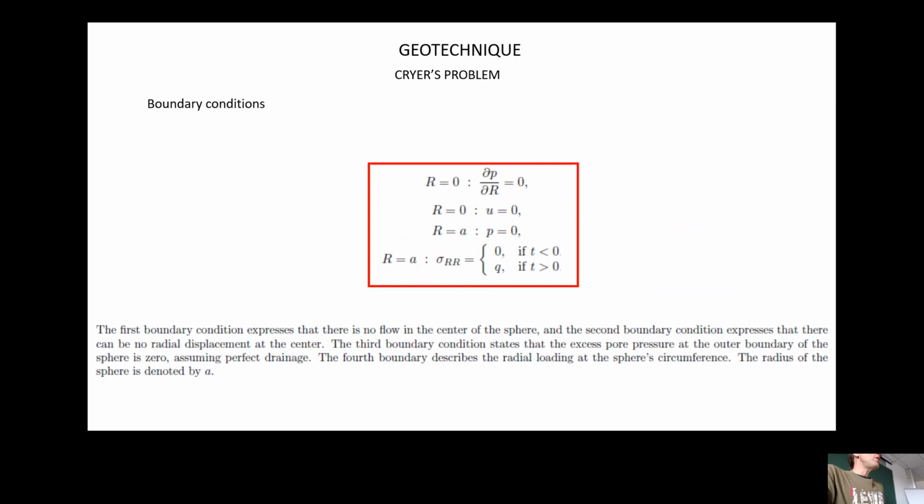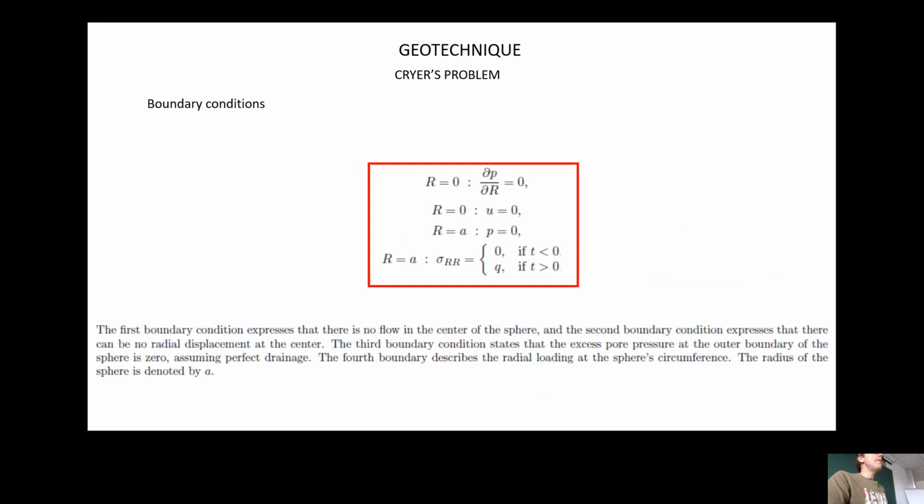The first boundary condition expresses that there is no flow at the center of the sphere, and the second boundary condition expresses that there can be no radial displacement at the center. The third boundary condition states that the excess pore pressure at the outer boundary of the sphere is 0, assuming perfect drainage. Please remember that these are, of course, very theoretical considerations.